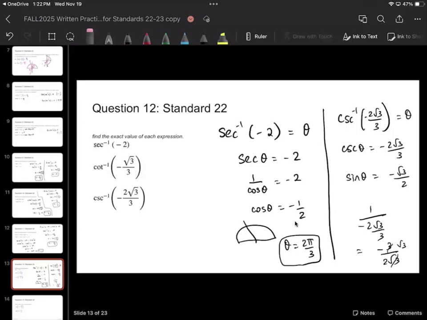Okay, so that's how I got that. Now, where is sine theta negative root 3 over 2 in the interval negative pi over 2 to positive pi over 2? The answer will be negative pi over 3.